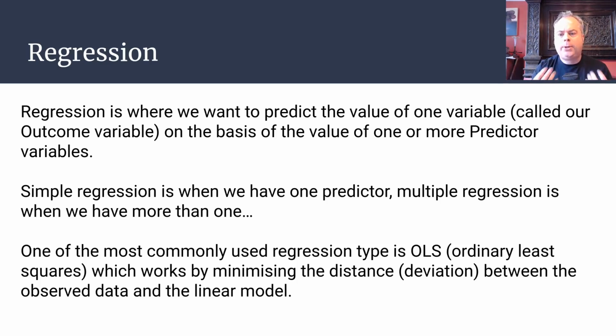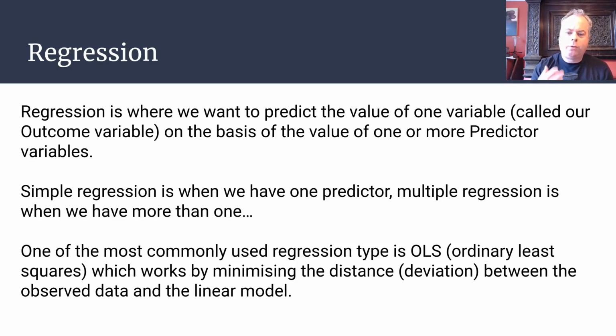It'll allow us to predict the value of one variable, called our outcome variable, on the basis of the value of one or more predictor variables that we know about. Okay, so we've gone from variance to covariance to Pearson's R to regression. Each step, hopefully, you'll agree is just a small step, and what we're doing in each of those small steps is relatively small itself.